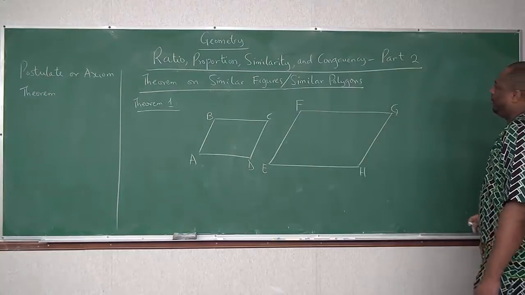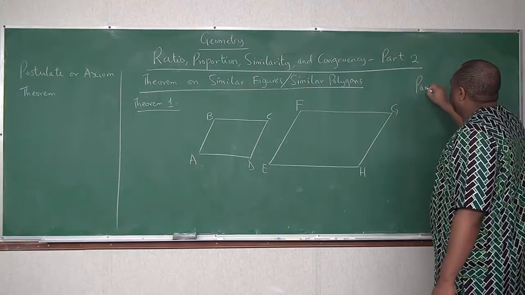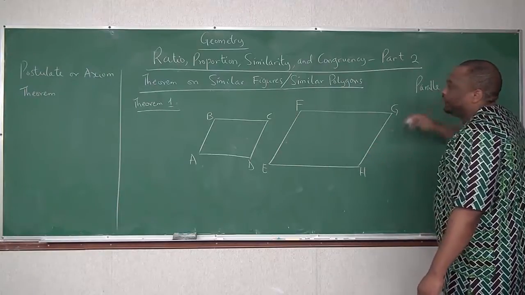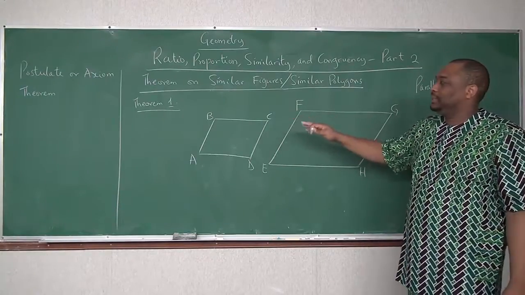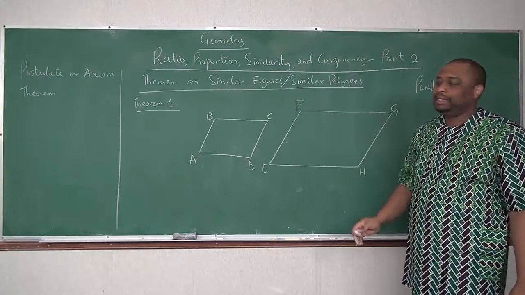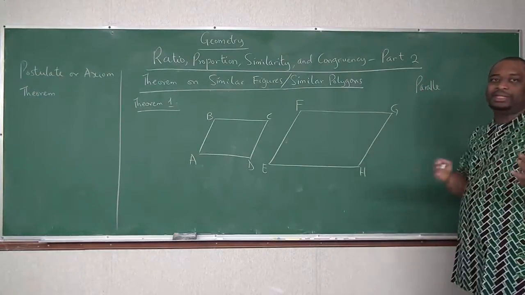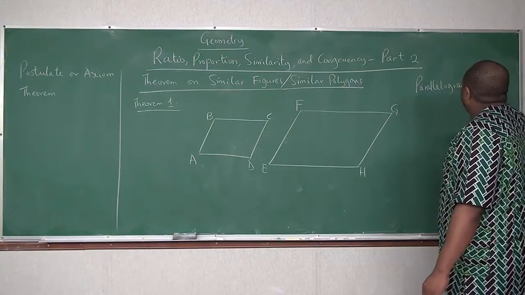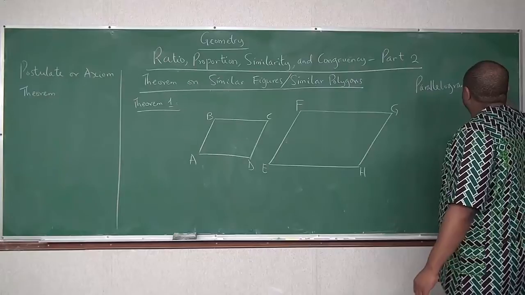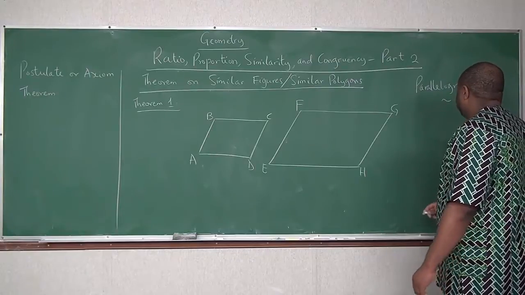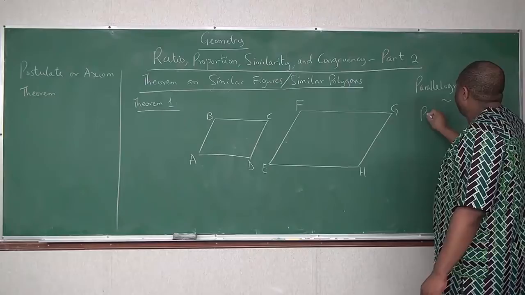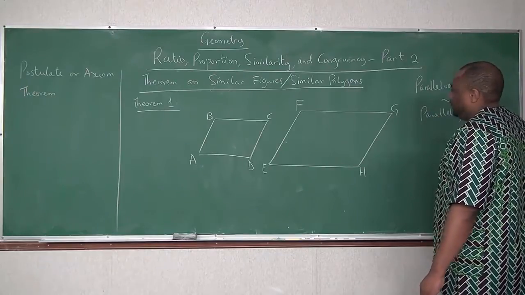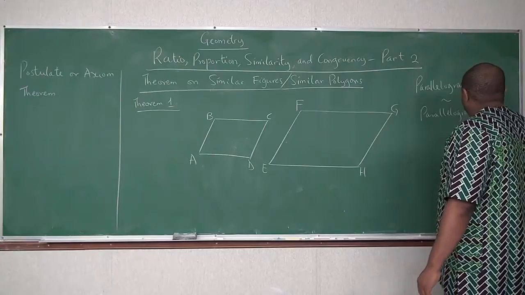Of course, you know, with a parallelogram, two sides are congruent, or two sides are equal. Now, parallelogram ABCD is similar to parallelogram EFGH.